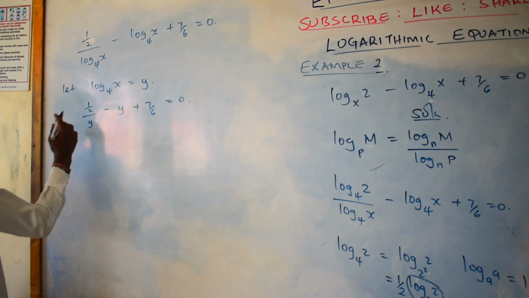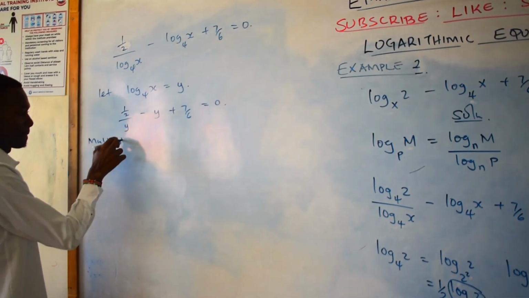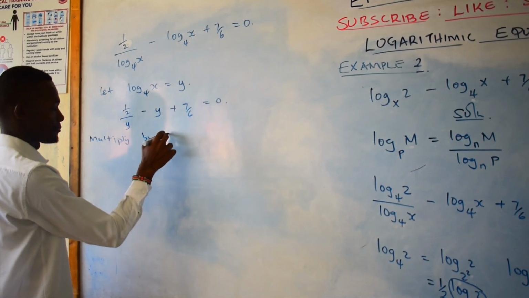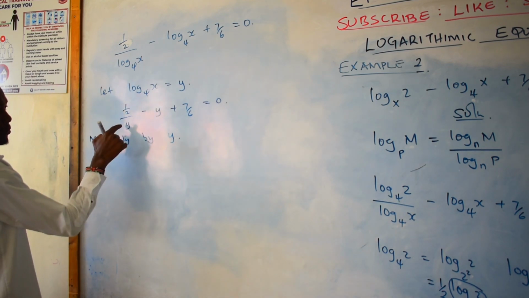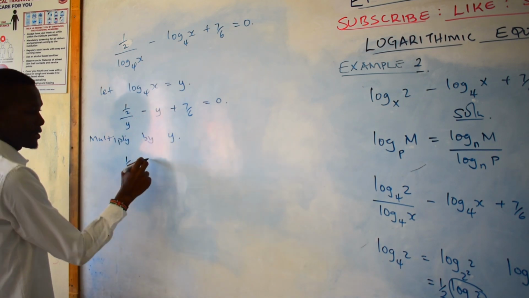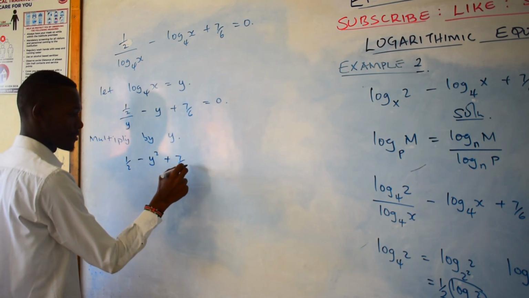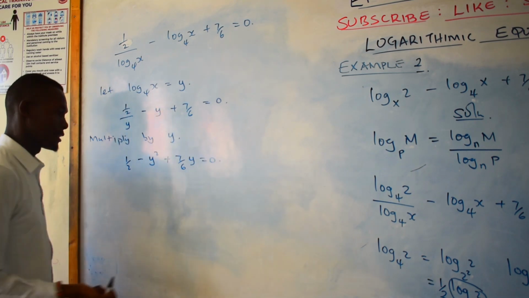First of all, we can start by multiplying by y. So when you multiply this one by y, you remain with a half. Then minus y times y squared, plus 7 over 6 y, equals 0.